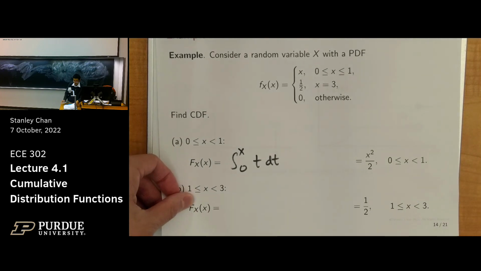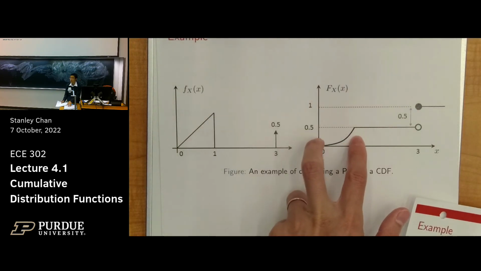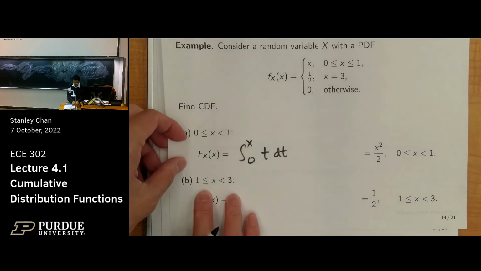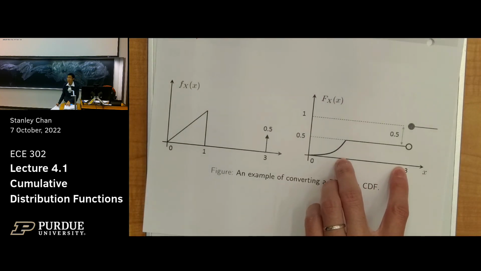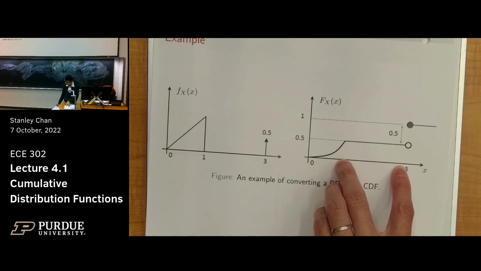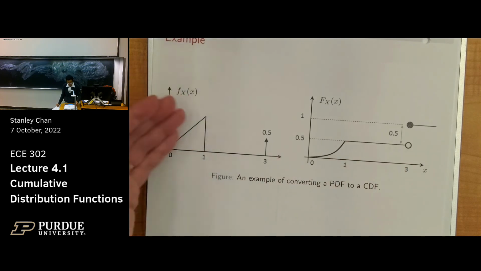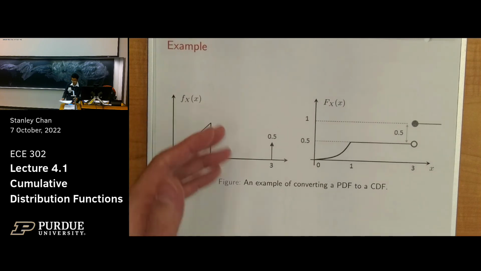That is the CDF for this range. For x between 1 and 3, what should be the value? 1/2. This comes from the fact that you have already accumulated 1/2 of the probability.